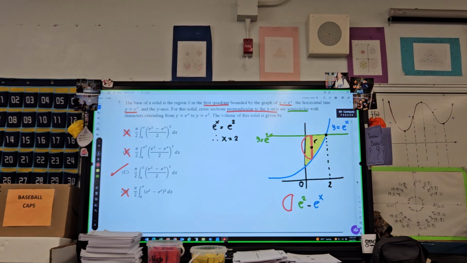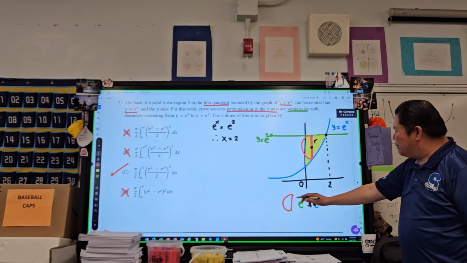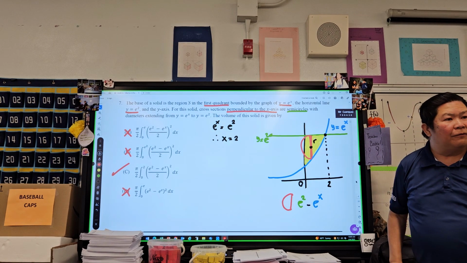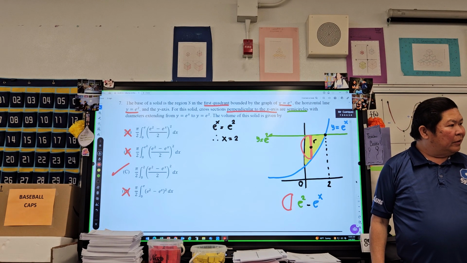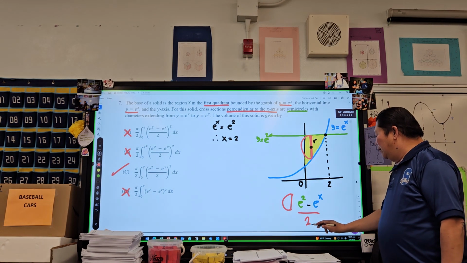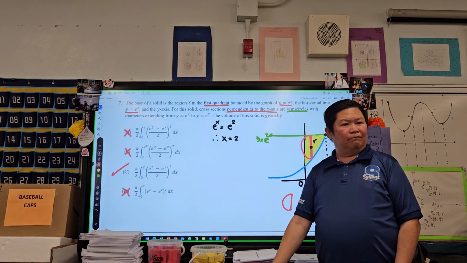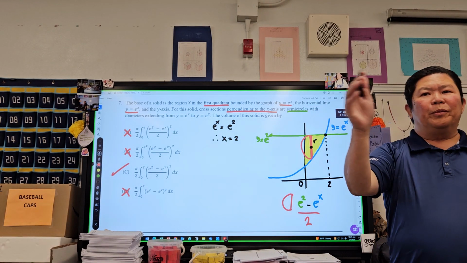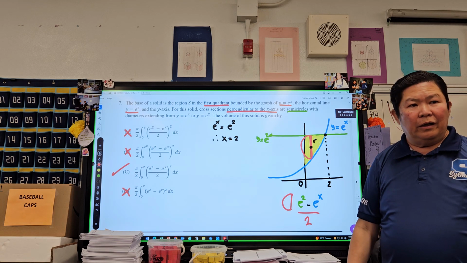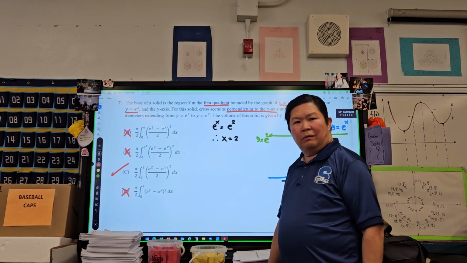Why? What is this? Semicircle. Therefore, half. Half of it, and then square. Again, what's the formula? Pi r squared over 2. Mr. Roy, where did we get this one?